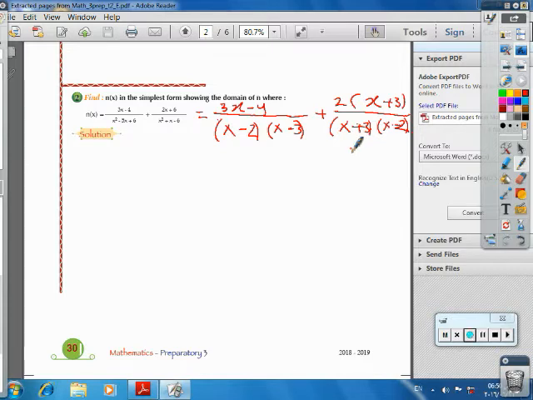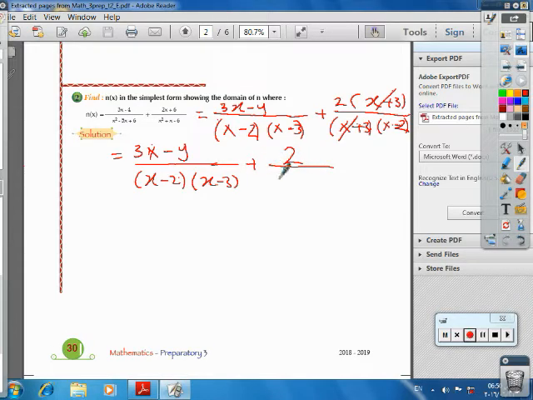Okay. Now we can cancel to simplify. We can cancel brackets, x + 3 with x + 3. Okay, the first fraction is (3x − 4) over (x − 2)(x − 3), plus the second fraction, 2 over x − 2.